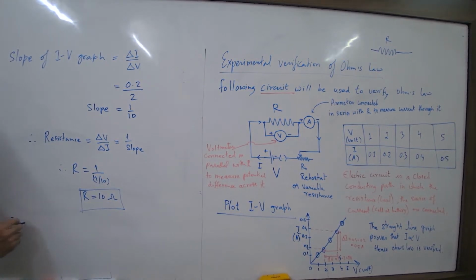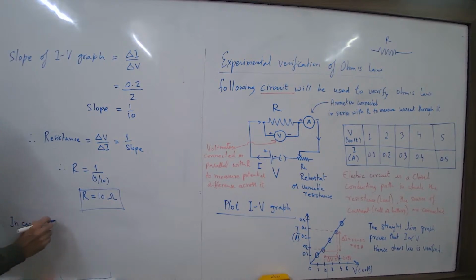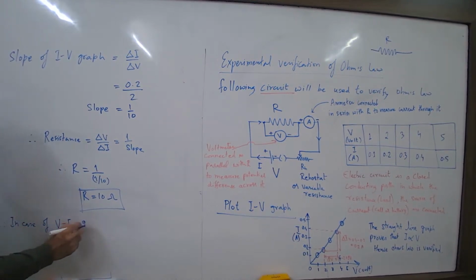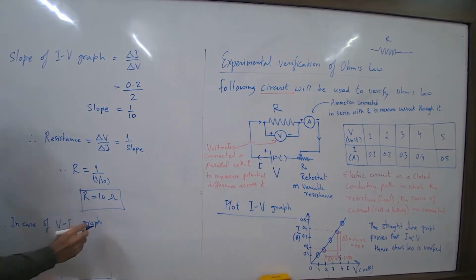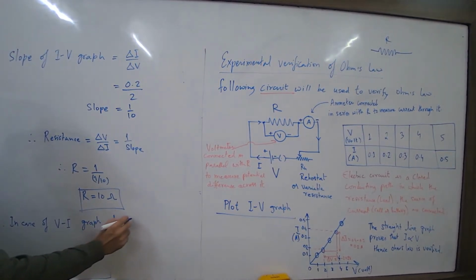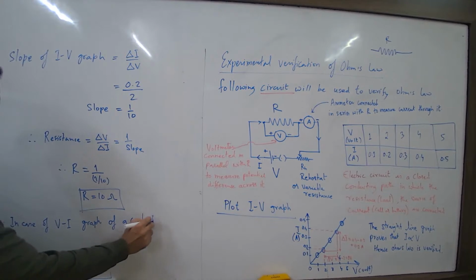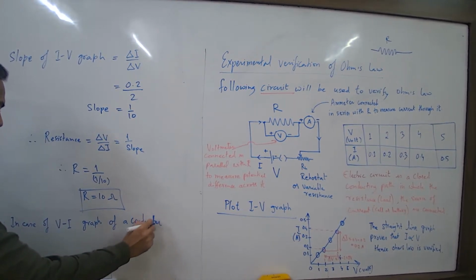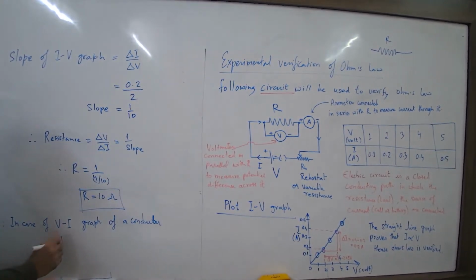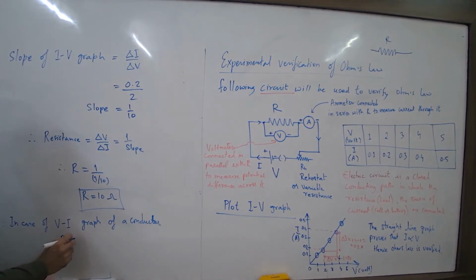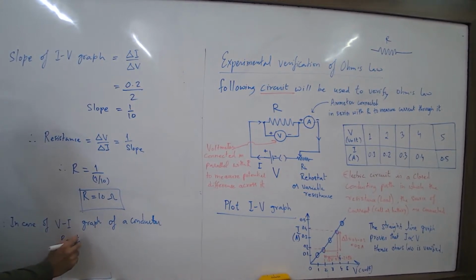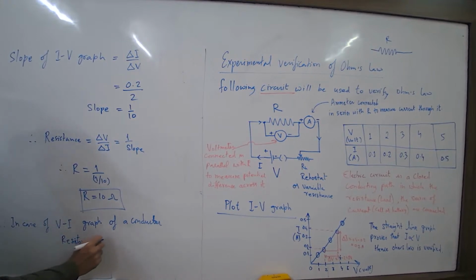In case of a VI graph of a conductor, right? Resistance is equal to the slope of the VI graph.